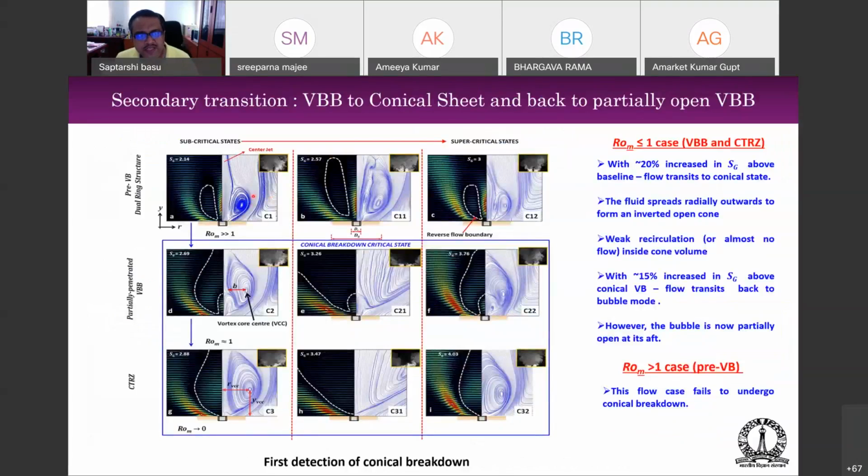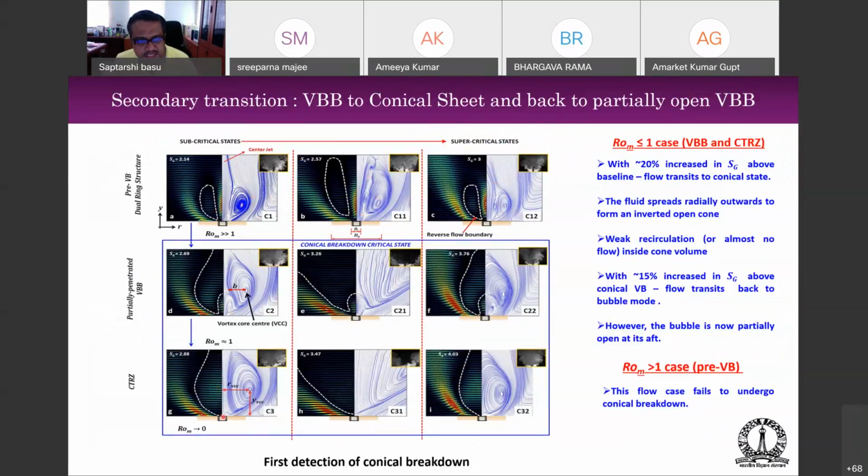Apart from this, what we also got is that for low Rossby number cases, as you can see, this is a high Rossby number case. As you go on increasing the swirl further, from 2 to of the order of 3, you see that multiple secondary recirculation zones are formed. However, something very interesting happens as you go on reducing the Rossby number.